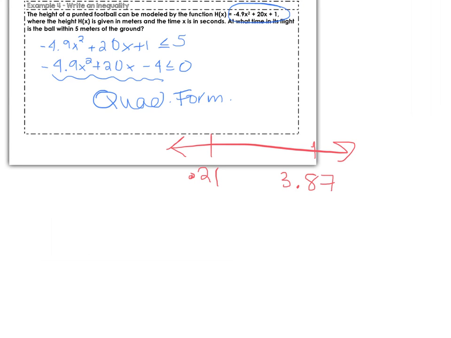And so, what we can do in this problem is, once again, we can plug in a value between them, like 1, okay? And determine whether or not it is true, okay? And so what we end up finding is the fact that we are actually needing to be less than 0.21 as well as greater than 3.87, because as the textbook is actually saying, this is actually where your graph is lying below the 0 line, okay, which is where this part came into play.